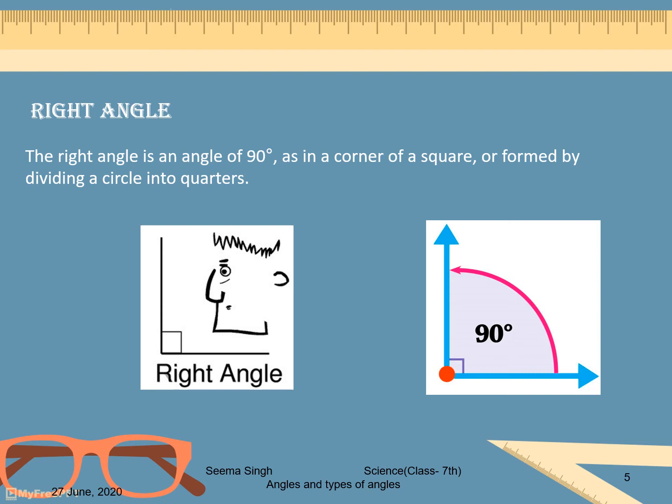In the image, we can also see the angle that measures 90 degree is termed as a right angle. We also know that a right angle is formed by dividing a circle into quarters. When we divide a circle into four quarters, a right angle is formed.